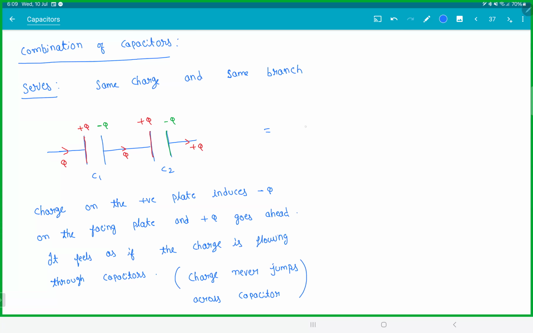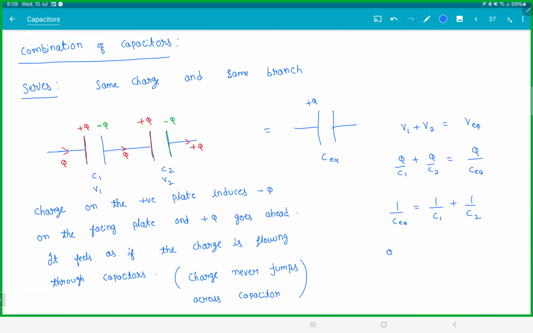So we want to replace these two with a single capacitor, C equivalent, with a charge Q. Basically the potential difference should be the same. So V1 plus V2 should be equal to V equivalent. Potential is V1, potential is V2. Q by C1 plus Q by C2 is Q by C equivalent. This formula is the reverse of resistors.